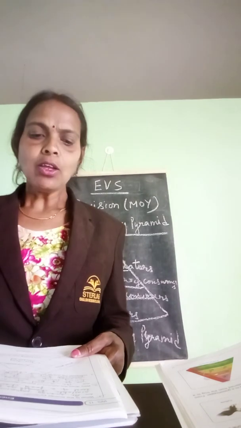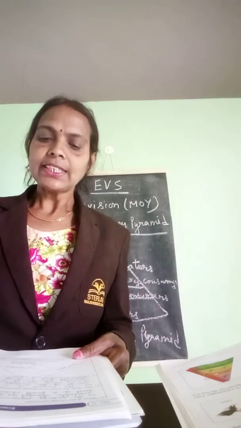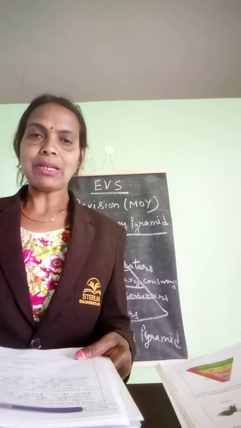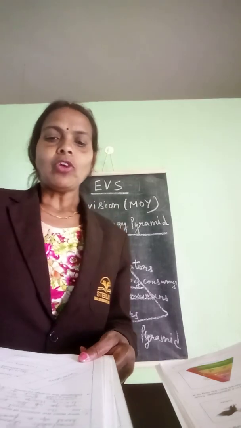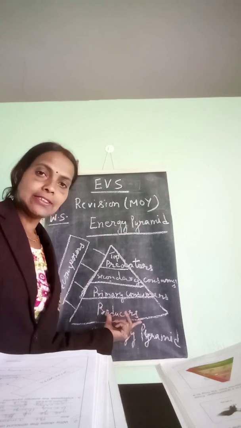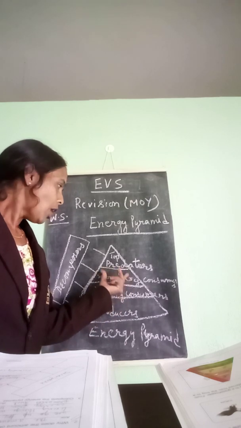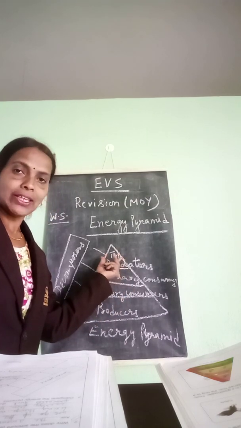Now second question, why does the amount of energy decrease as we go up the energy pyramid? See here, more energy is there, and the amount of energy goes on decreasing as we go up in the energy pyramid. Why?